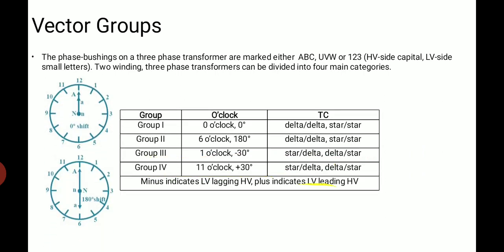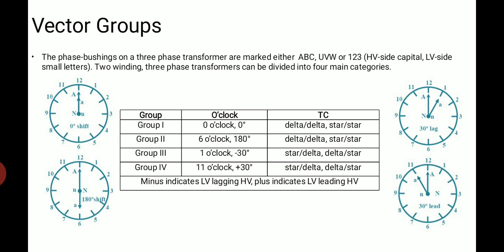Based on the clock convention, the three-phase transformers are grouped in four major categories. Group 1 shows 0 o'clock, meaning 0-degree; group 2, 6 o'clock, meaning 180-degree; group 3, 1 o'clock, meaning minus 30-degree; group 4, 11 o'clock, plus 30-degree.